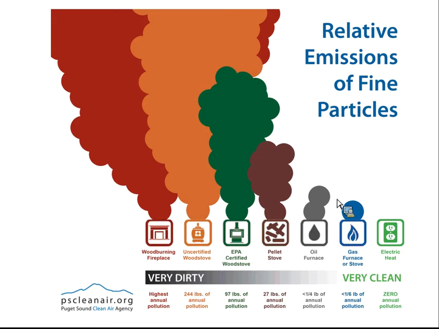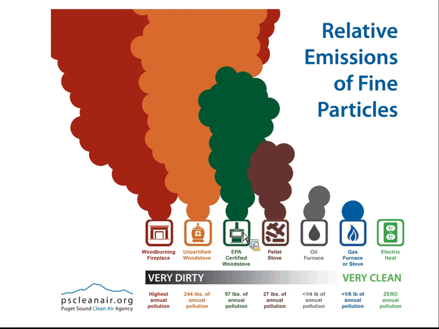Even so, the newer technology, although it is vastly improved over the older technology, burning wood still is going to generate quite a lot of emissions. The best possible way to burn wood is a pellet stove, where the wood has been pelletized, it's nice and dry, it's uniform, you can get a nice uniform heat and low emissions. Next best way is an EPA certified stove.